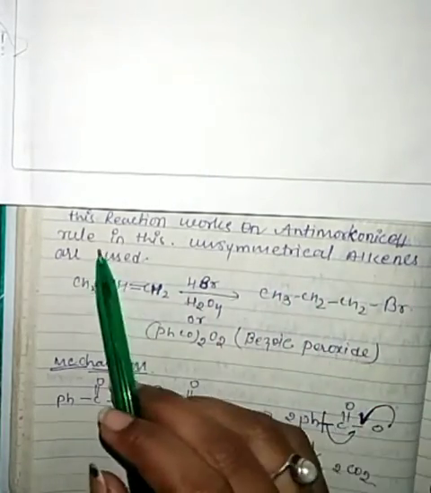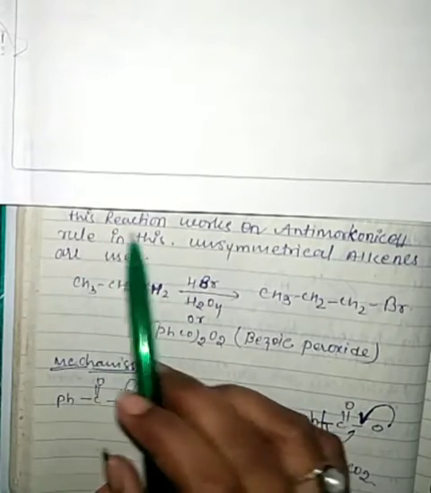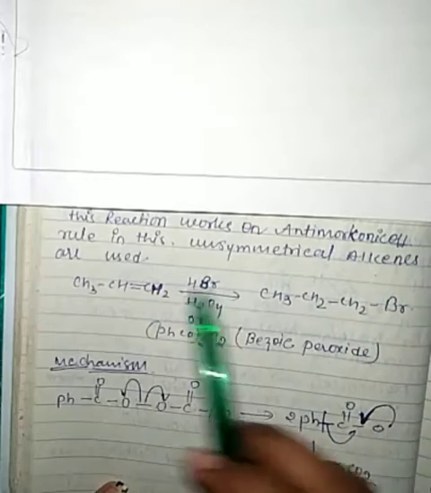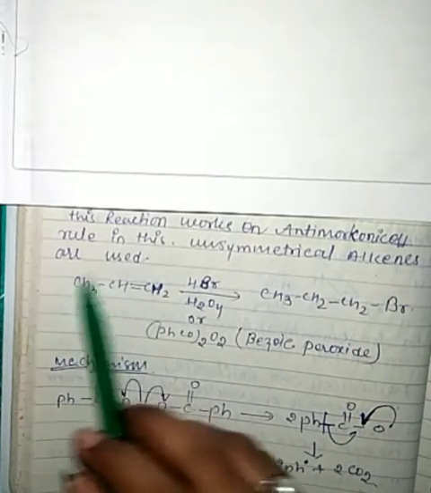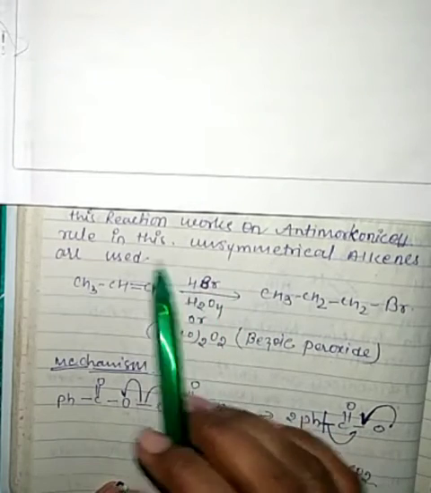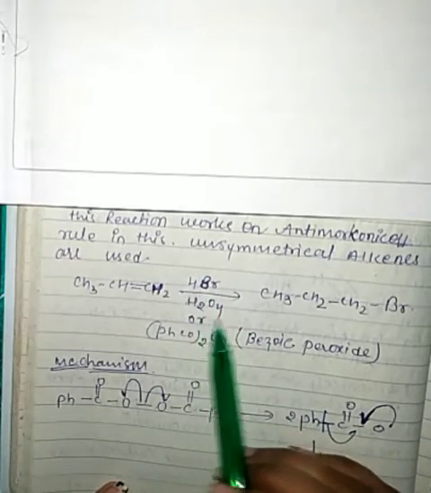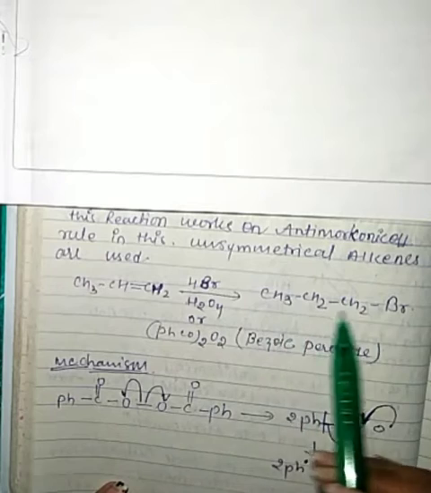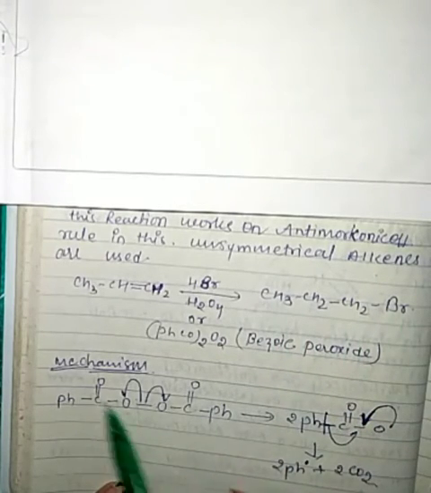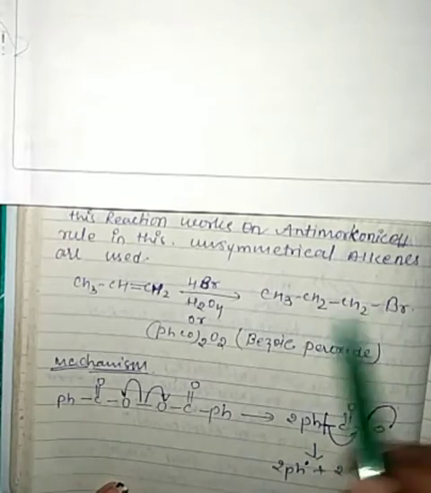Free radical reaction works on the anti-Markovnikov rule. In this, unsymmetrical alkenes are used. This is an unsymmetrical alkene. In this, HBr reacts with this, and in the presence of hydrogen peroxide, we get our product. And this is the whole mechanism of the formation of our product.